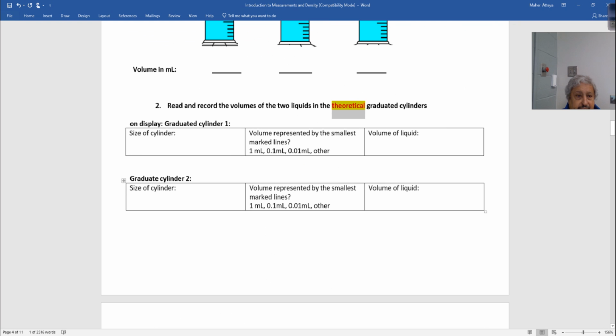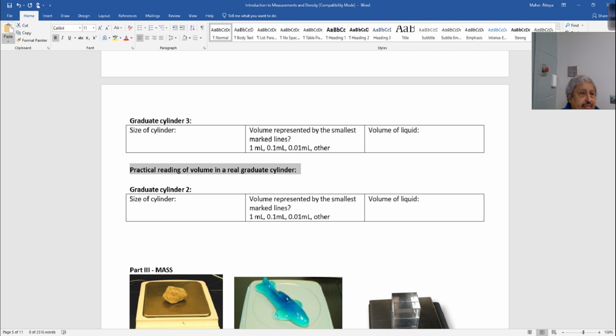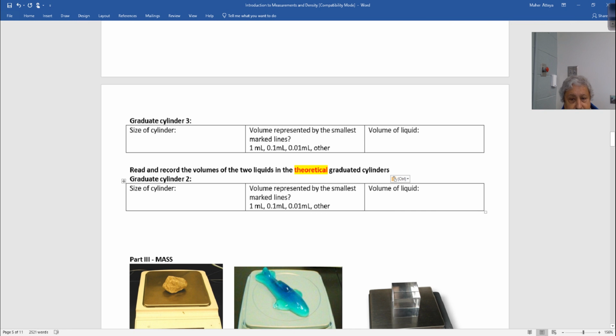Then we'll do the practical. Then we'll read the same thing here. We'll say copy, and then we'll paste everything here. Home and paste. So instead of theoretical here, we'll say practical graduated cylinder, guys.